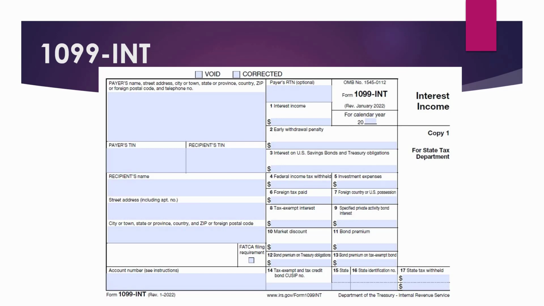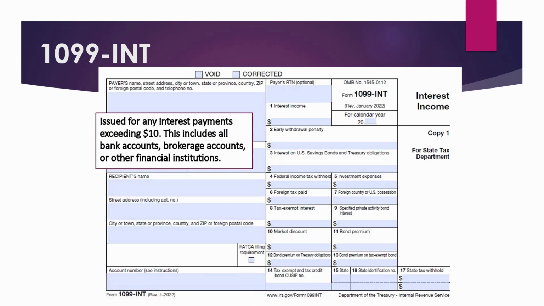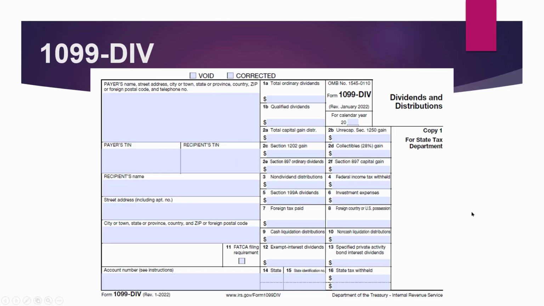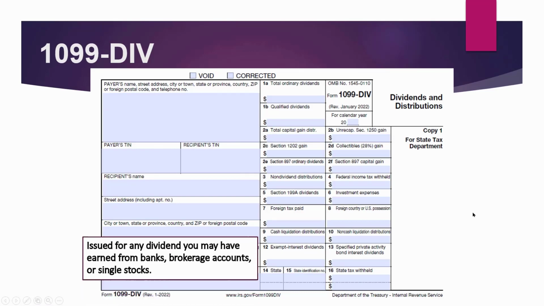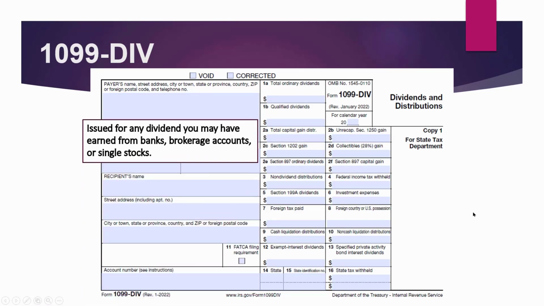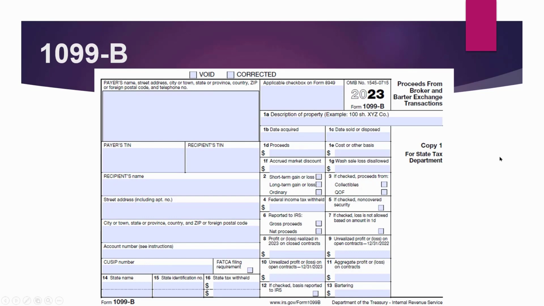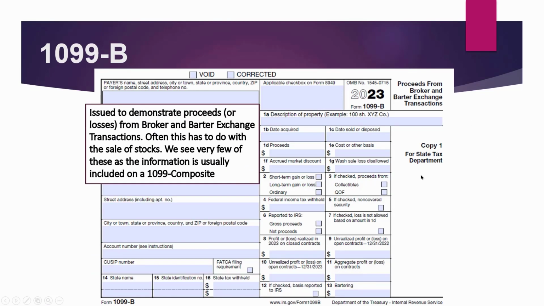1099-INT, or interest income, issued for any interest payments exceeding $10. This includes all bank accounts, brokerage accounts, or other financial institutions. 1099-DIV, issued for any dividend you may have earned from banks, brokerage accounts, or single stocks. 1099-B, issued to demonstrate proceeds from broker or barter exchange transactions.